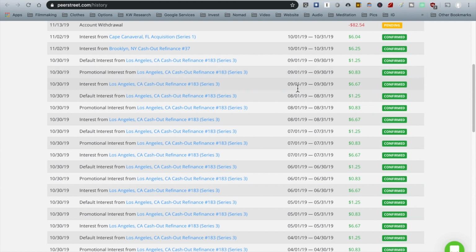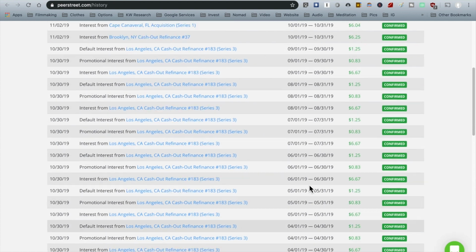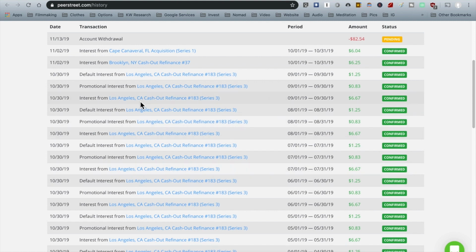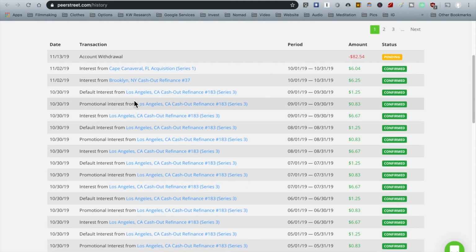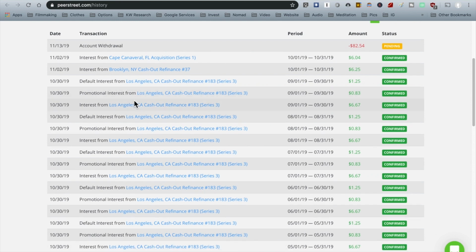October, September, August, July, June. All the months I didn't get paid for my default loan got paid off at once in October. And it was quite nice to see and gave me more confidence in PeerStreet as a platform, because I was kind of worried that my loan wasn't going to be paid back.